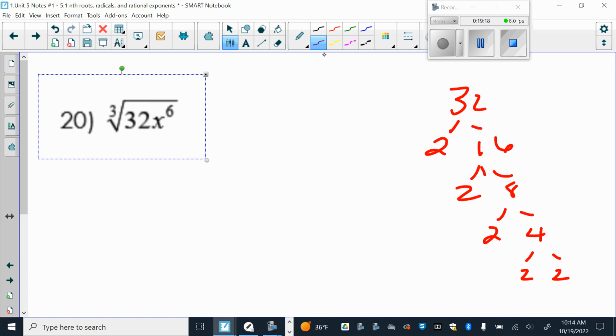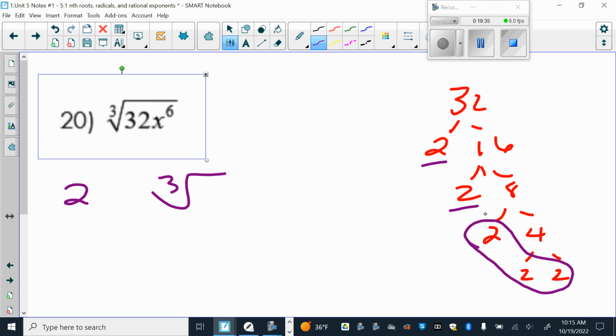We were only supposed to have perfect cubes. So cubed root means what number times itself 3 times. So I have the cubed root of 32. I can pull a 2 out, but I still have this 2 times 2 left over underneath the radical.